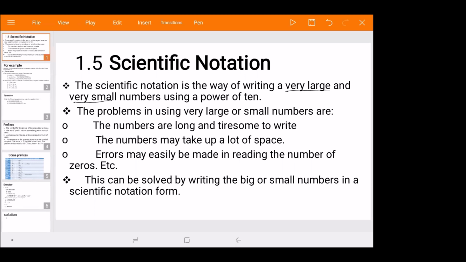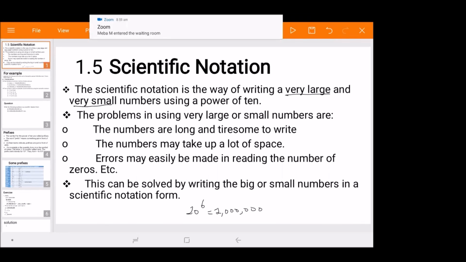The second one is that the numbers may take a lot of space. For example, compare 10 to the power of 6 with 1 million written in full; the large form takes up a lot of space.